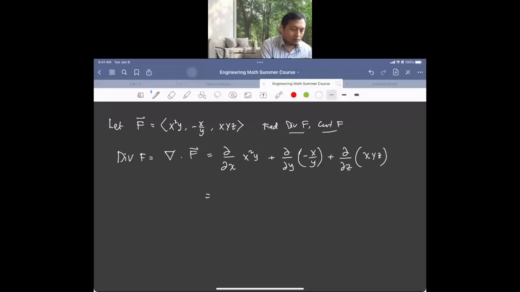So directly we get 2xy. Then negative x over y, differentiated with respect to y, becomes positive, with y squared on the bottom, so plus x over y squared. And plus, differentiating with respect to z, just xy. So altogether it is 3xy plus x over y squared.